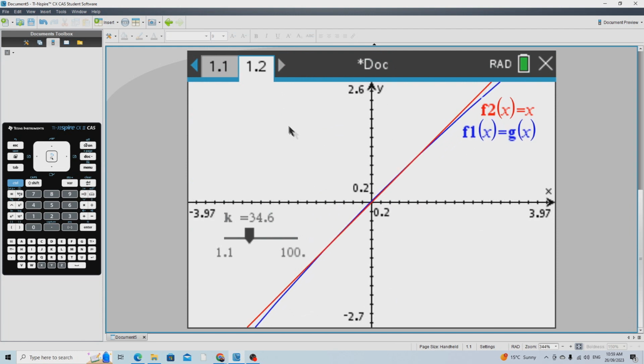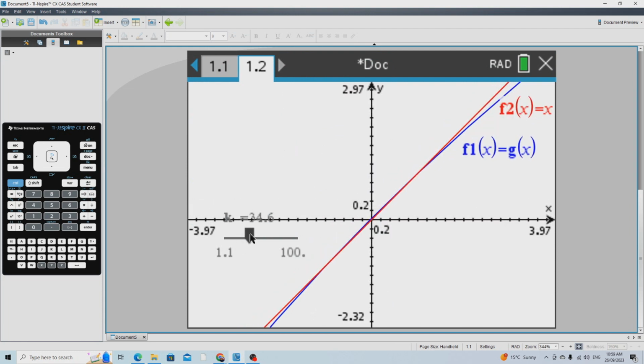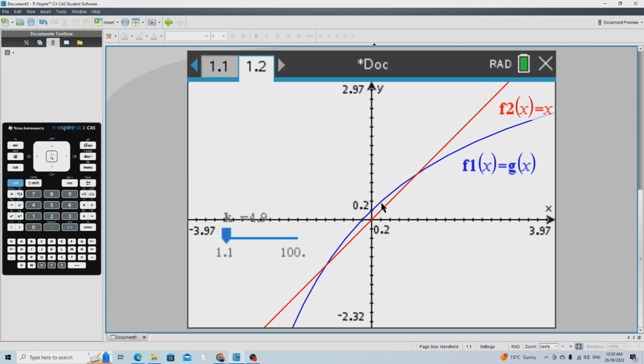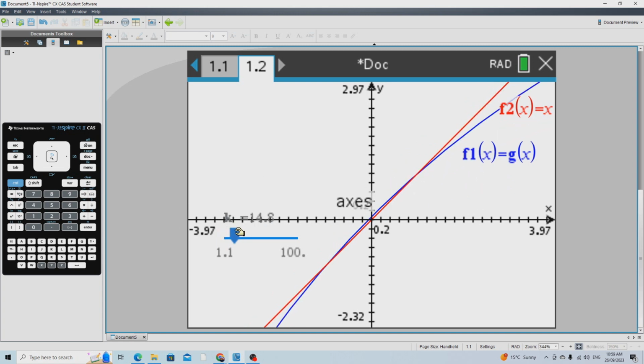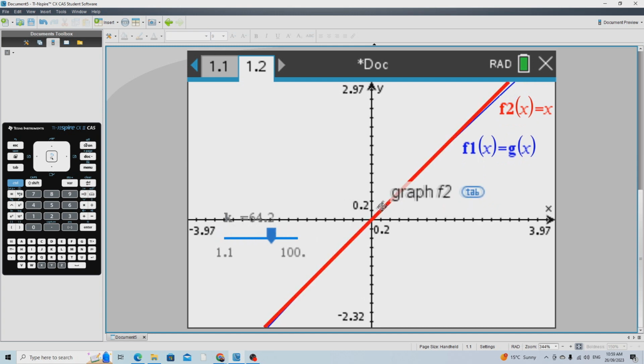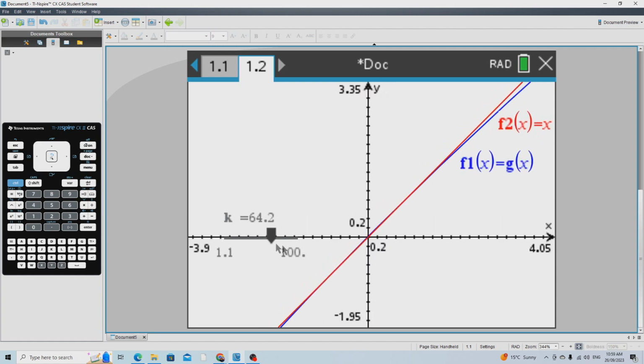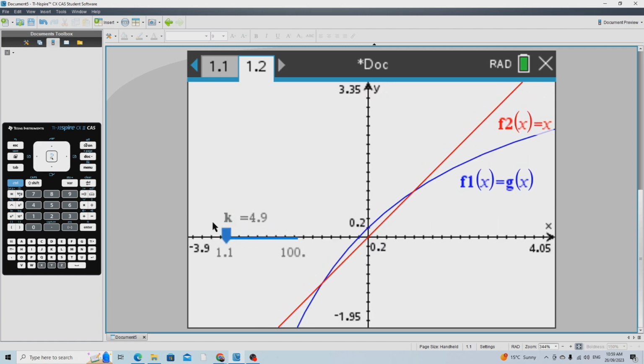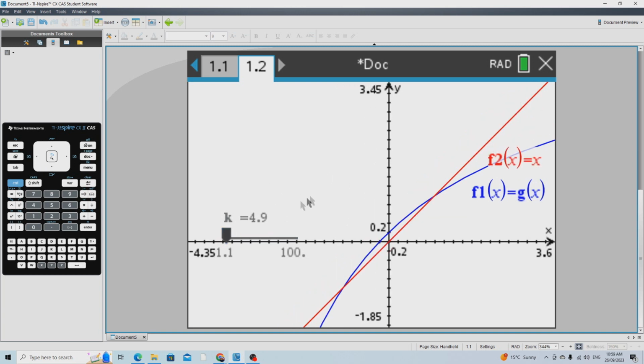Even if we increase the value of k to infinity, there will always be an area inside there, but we can't really see it. So we need to prove that the area is only between 0 and root 2. So the max is root 2.